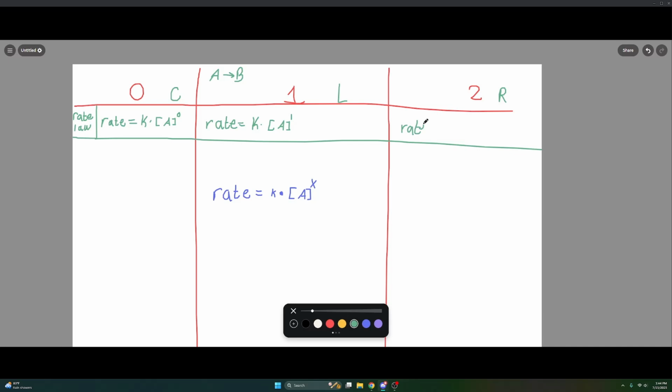And if it were second order, my rate law would be rate equals k times the concentration of A to the second power. It's very, very simple, assuming I give you the rate, to write the rate law, right? And keep in mind, we only care about reactants. Rate cares about reactants, RR. So B will never show up in any of my equations over here. I don't really care about B. He's doing his best, no offense to him, but I don't really care.